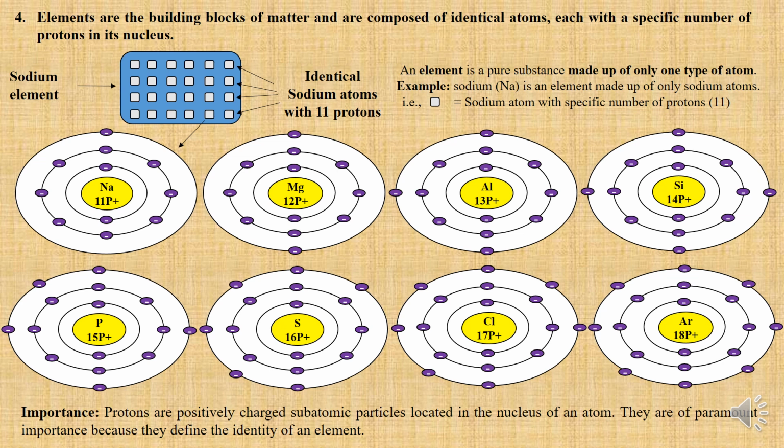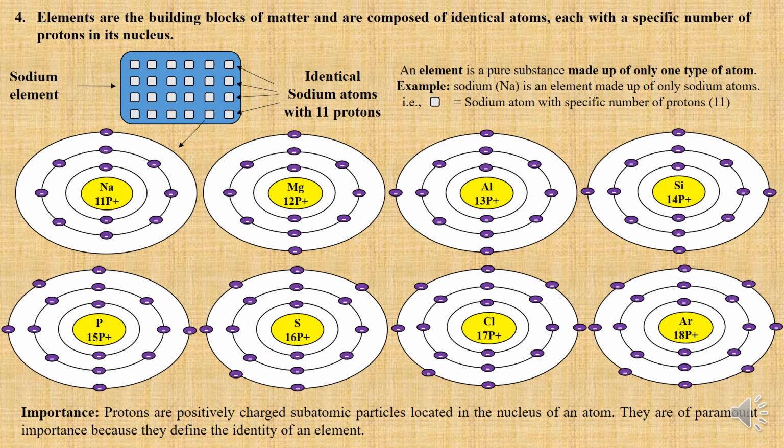Now, protons are positively charged subatomic particles located in the nucleus of an atom, and they are of paramount importance because they define the identity of an element. If I say a given element has 16 protons in its nucleus, then it will be element sulfur. And if I say an element contains 13 protons, it will be aluminium.